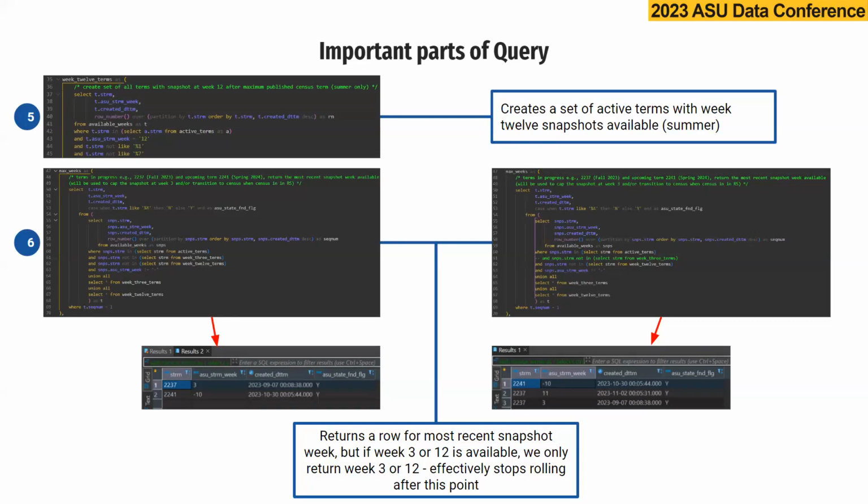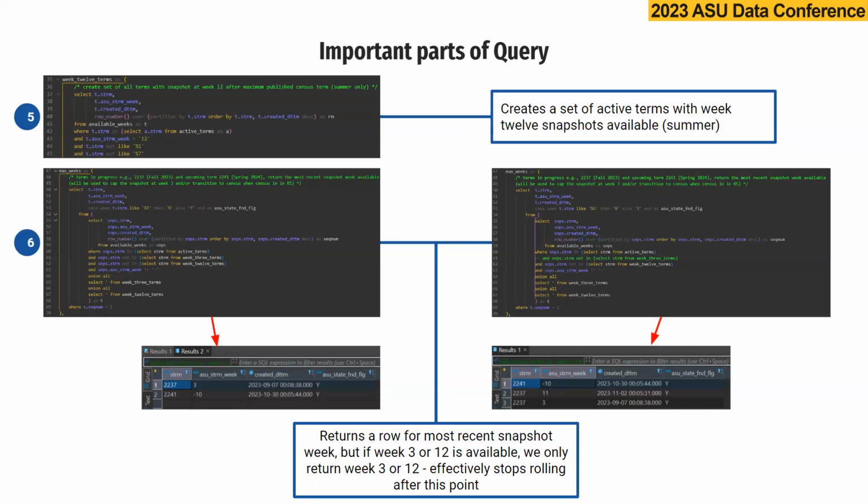So if a term has week 3 available, max week gives me just week 3, it caps it. We don't consider week 4 and so on. But since spring 24 hasn't started yet, we roll -10, -9, and so on. And for demonstration purposes, I commented out a line that removes anything past week 3.